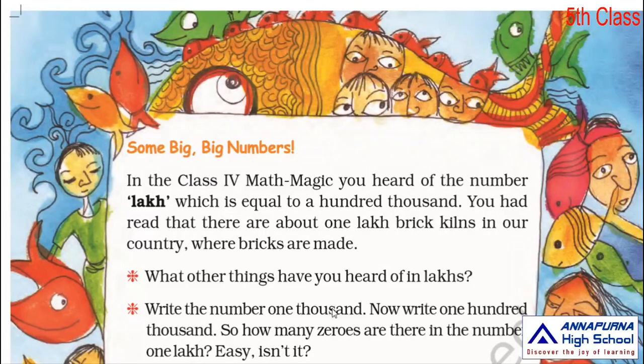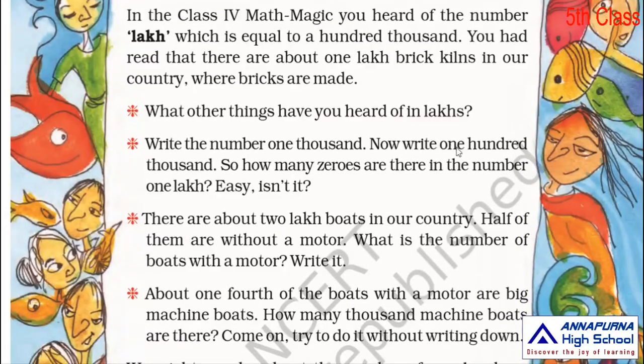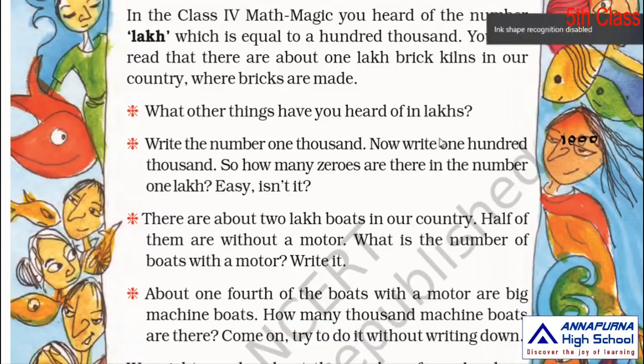Now, next, write the number 1000. 1000 means 1 is followed by 3 zeros. Now, write 100,000.